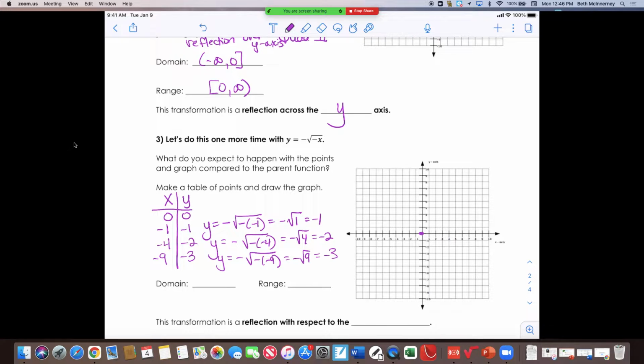I have -1, -1, -4, -2, -9, -3. Okay, so the domain is -infinity to 0, and the range is -infinity to 0.